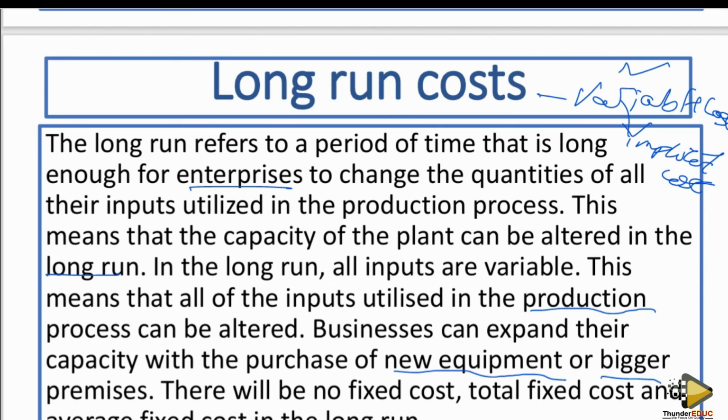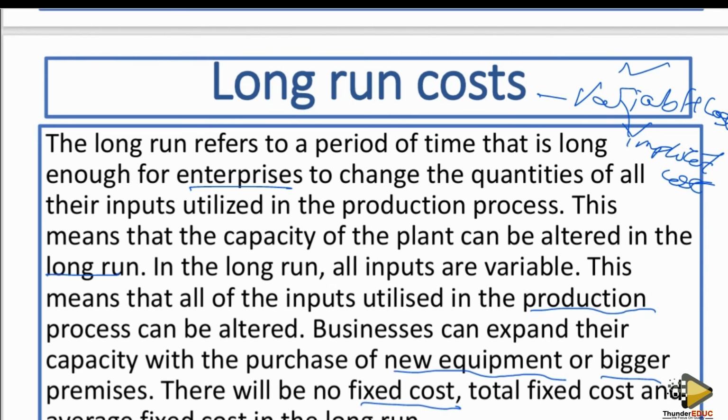Grade 12s, surely we are still on the same page. There will be no fixed cost in the long run. Totally no fixed cost in the long run, because there is flexibility of labor, flexibility of land, flexibility of entrepreneurship, and flexibility of capital. Remember, why this flexibility? Because the accounting period is normally 12 months.